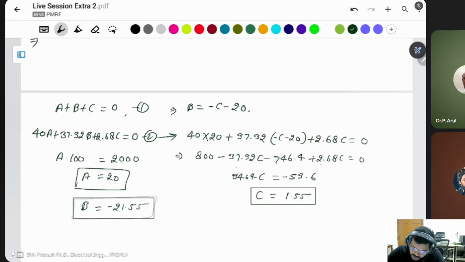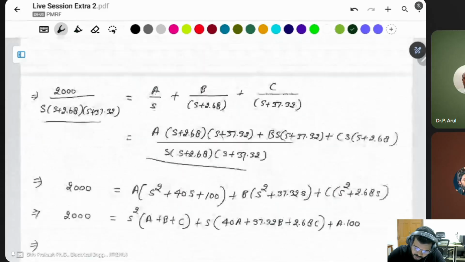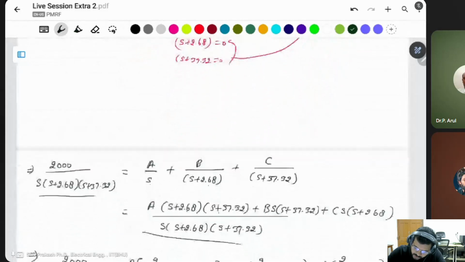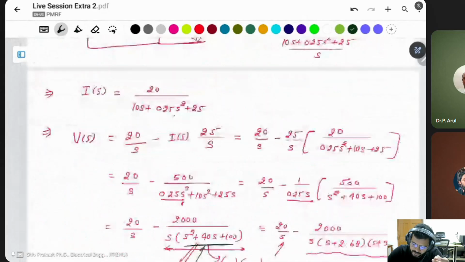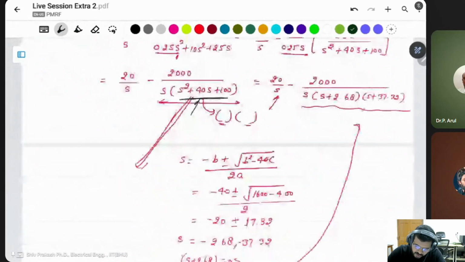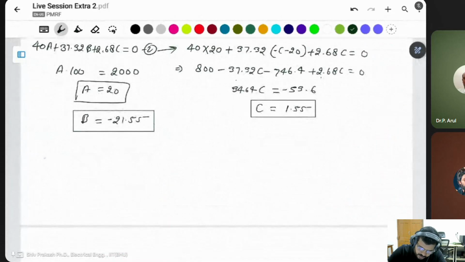A, B and C are here. We can put the values of A, B and C. And what is the total Vs? Vs is 20 by S minus A by S. A is 20 by S, minus B by S plus 2.68.